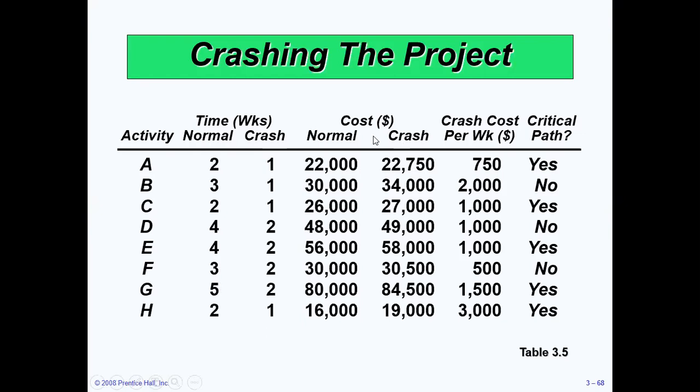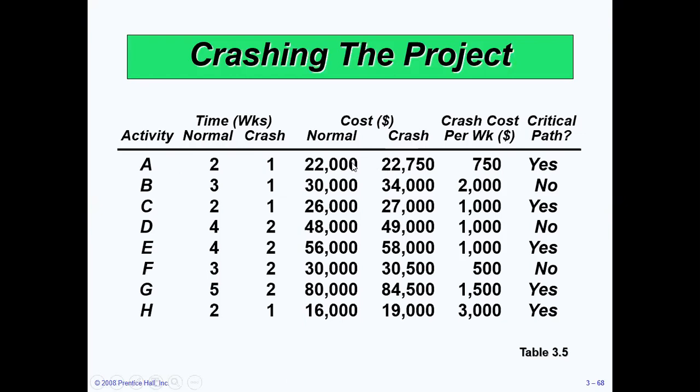Now let's talk about the normal and the crash cost. For example, the normal cost of activity A is $22,000, the normal cost for B is $30,000, and so on for the rest of the activities. The crash cost of activity A is 22,750, because we have to crash it.